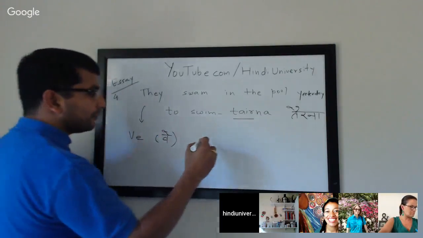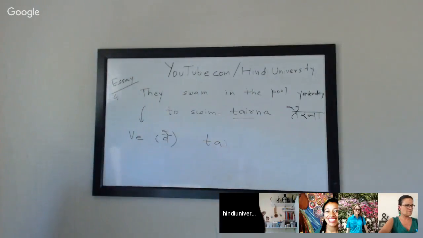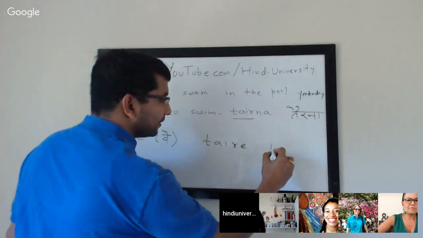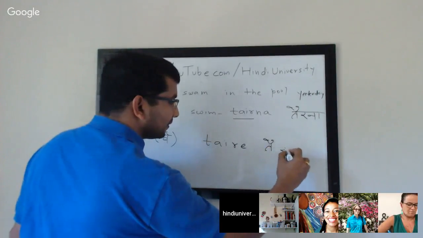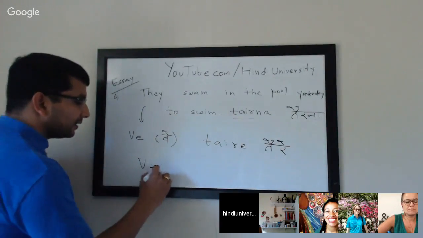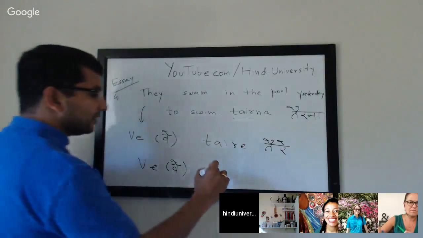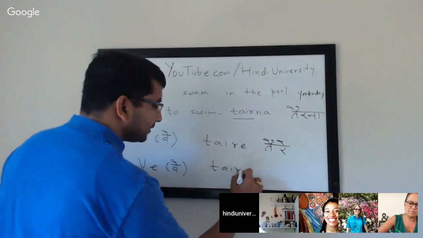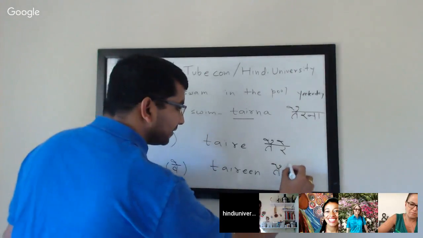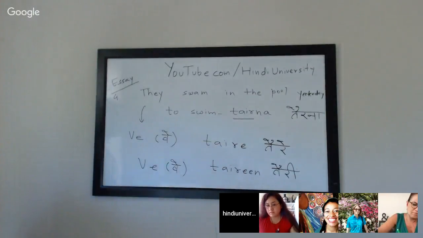So for masculine plural, वे तैरे. For feminine plural, it will be वे तैरीं. Okay, so it's nothing but ते and then रे with a dot.